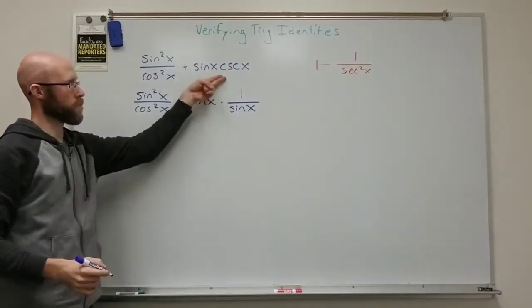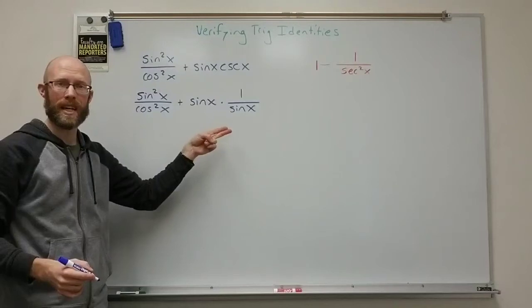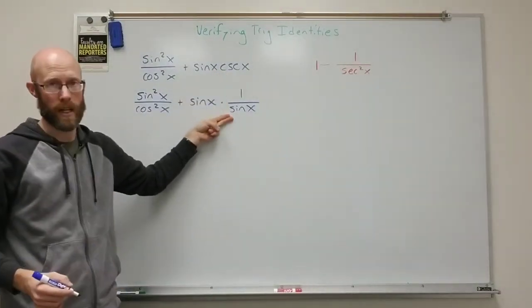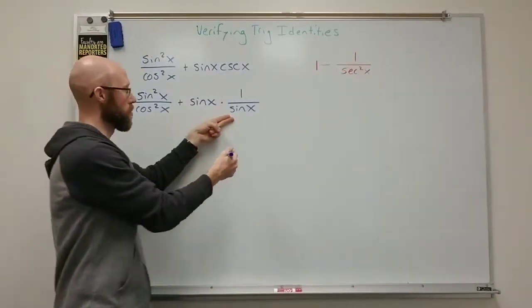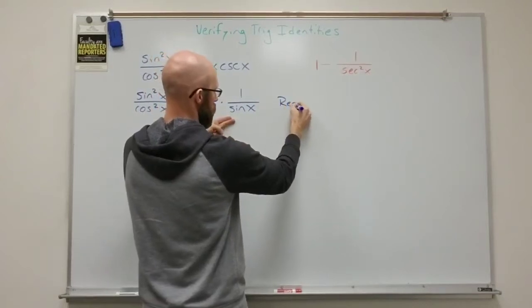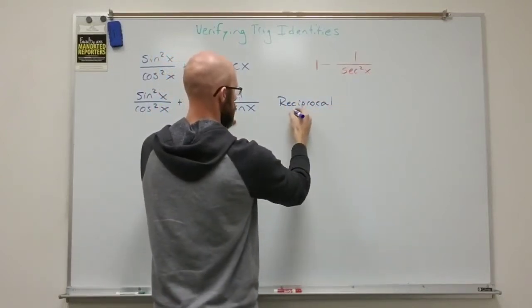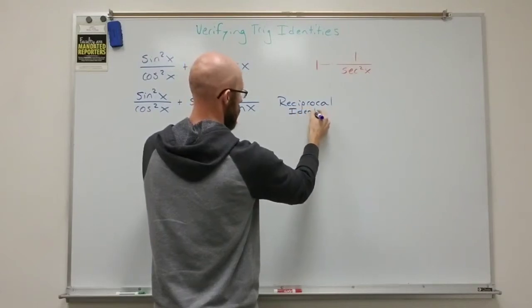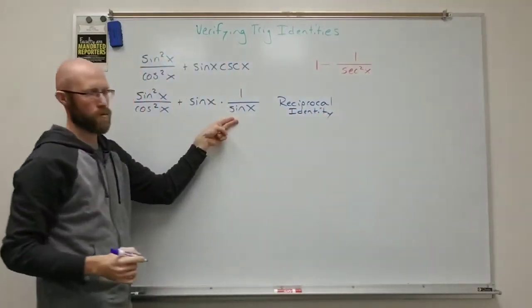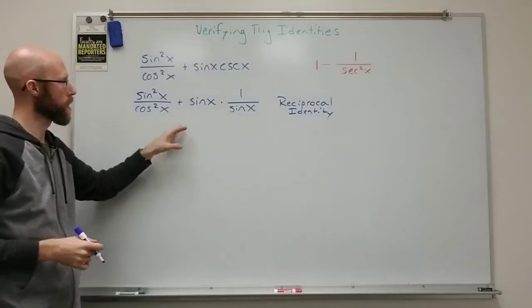Now the reasoning that we used in that step is a reciprocal identity. So I'm going to write that down, just reciprocal identity. Okay, a reciprocal identity.